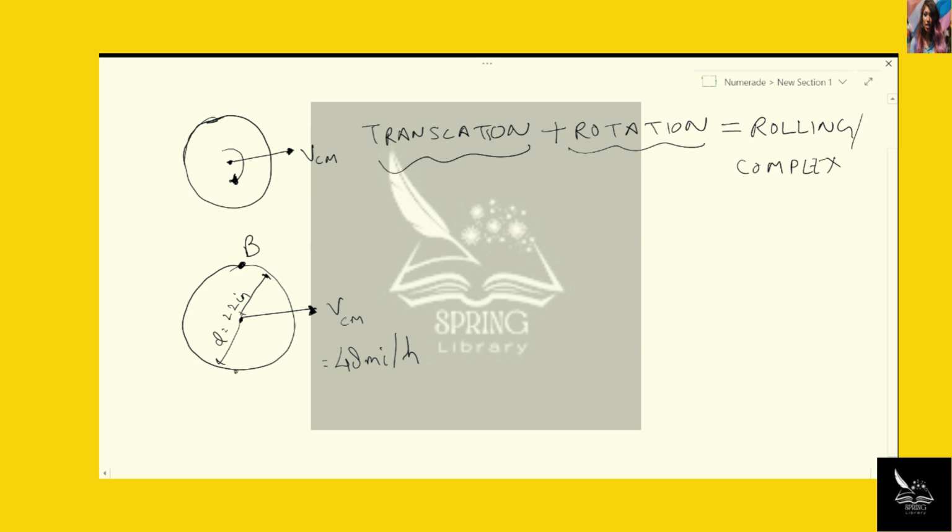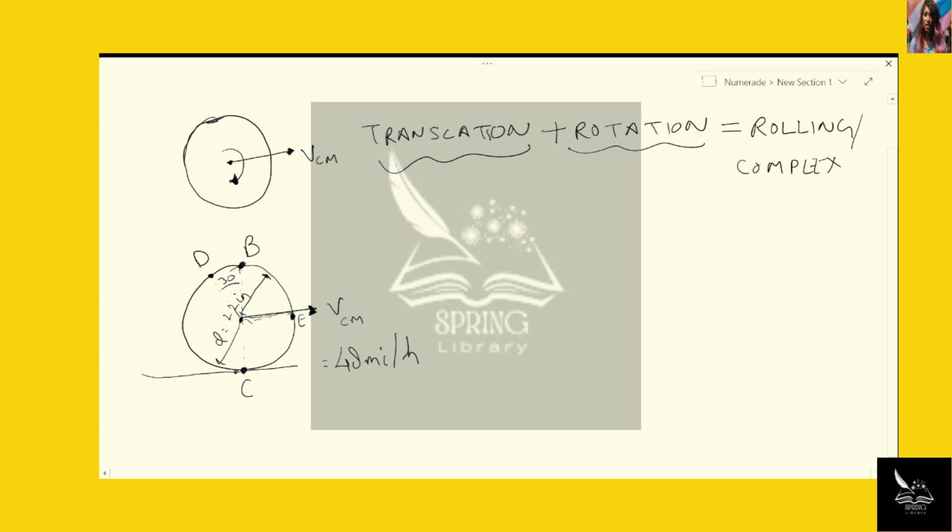Let's say the point which is touching the ground, point C, and then if this is vertical, we go at a 30-degree angle, then this is point D. Point C should be touching the ground just below the vertical here, and let's say E is the point directly in front of the wheel here. So what are the velocities at these points?